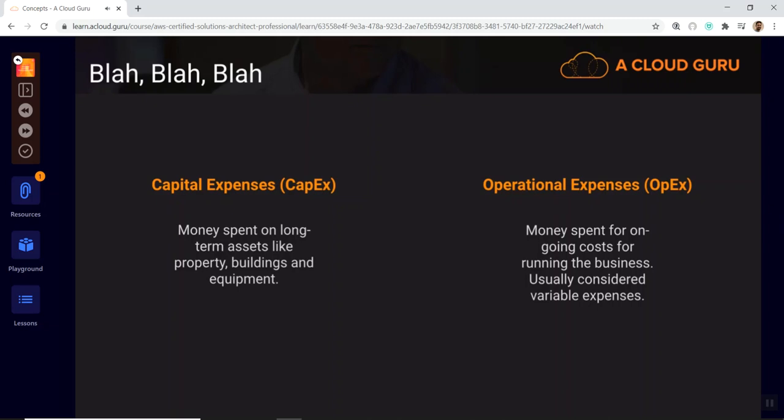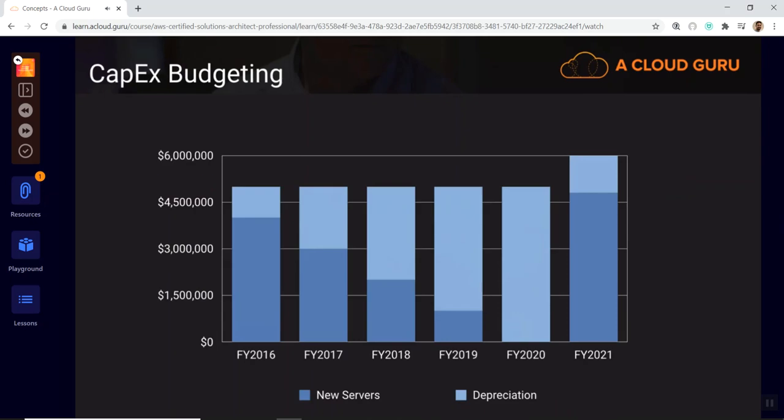An operational expense is something that a business spends money on just to keep the business running. And it's usually considered a variable expense, meaning they can choose to scale back and pay less or use more and pay more.